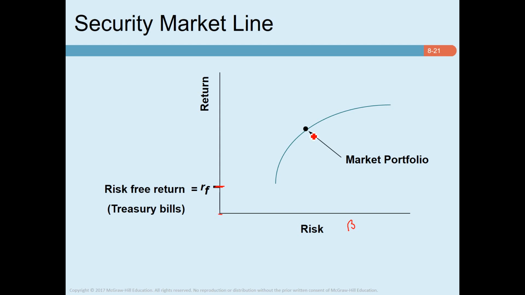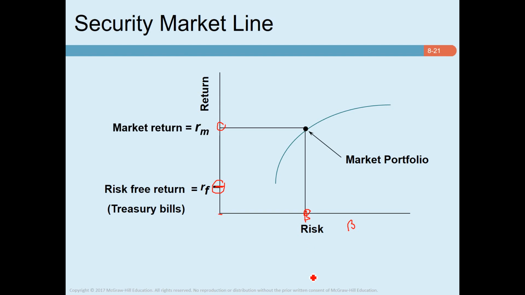However, that doesn't come free. That comes with a higher level of risk. So here is the market return, and this is the level of beta. This is the Treasury bill's return and its risk, and this is the return of the market portfolio and its risk.